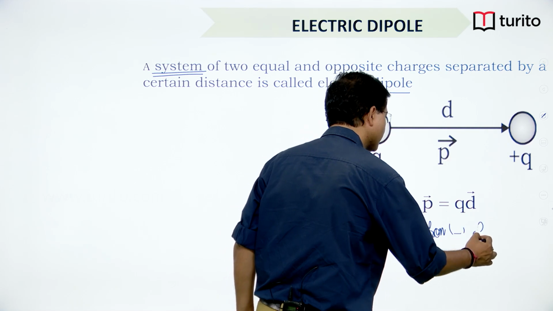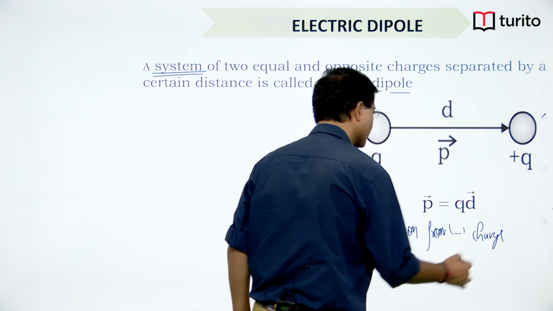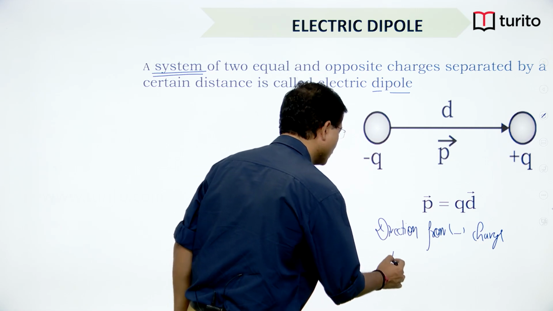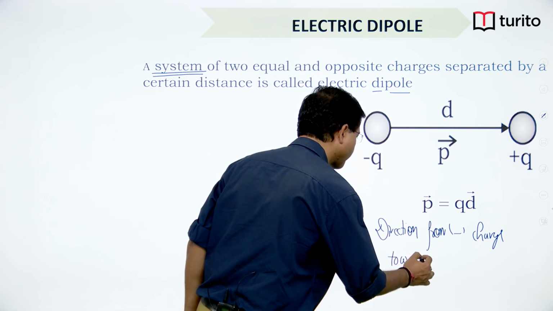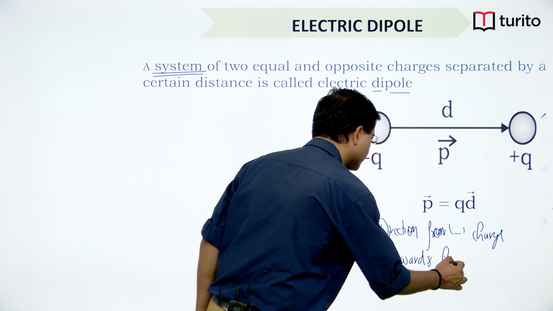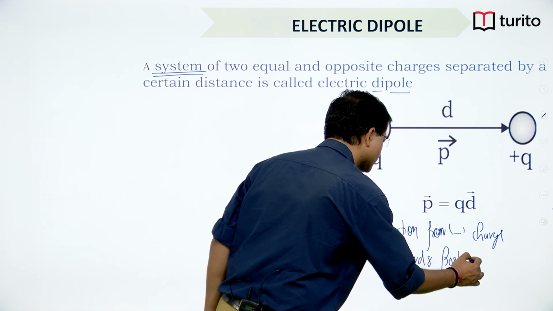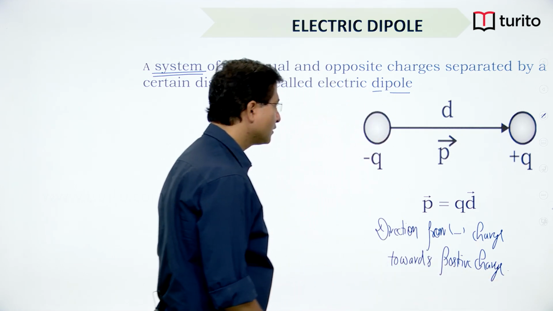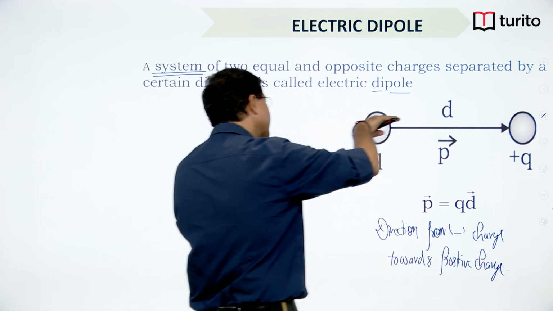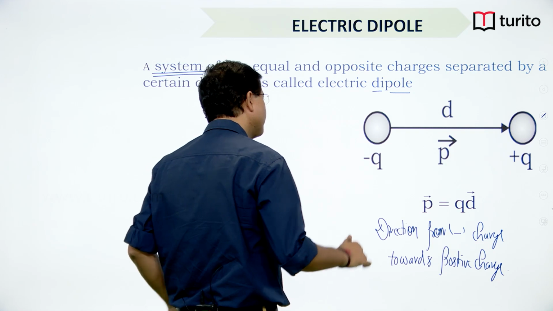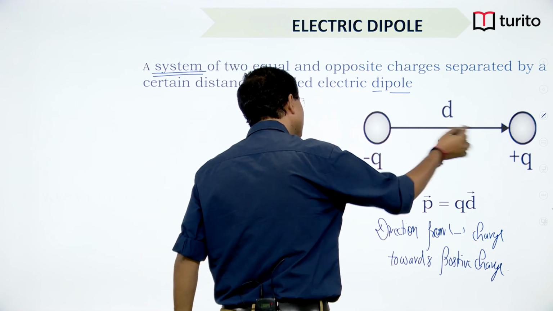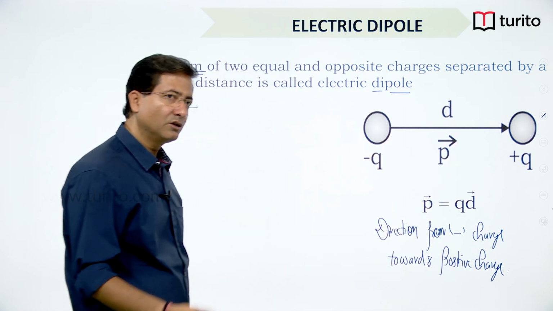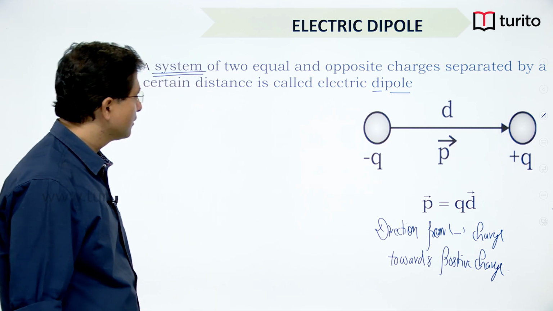So, the direction of dipole moment is from negative charge towards positive charge, and the magnitude of dipole moment is charge into the separation between them, Q into D, right.